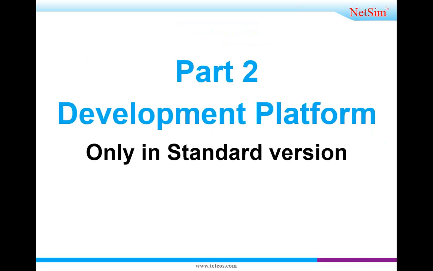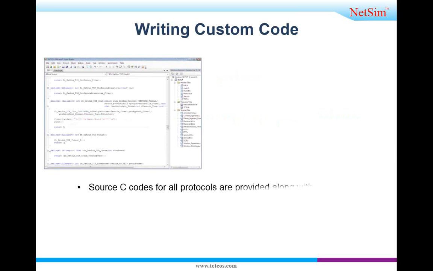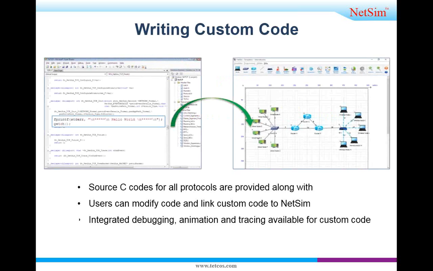In part 2, the development platform, which is available only in the standard version, we have writing custom code. In NetSim, all the protocols have their C source code available. So when we open this C source code in Visual Studio, you can edit any protocol.